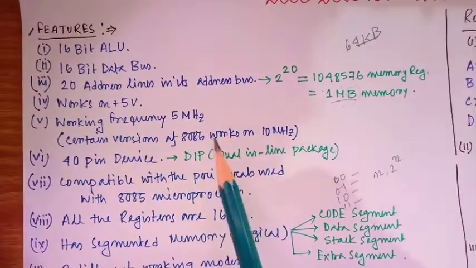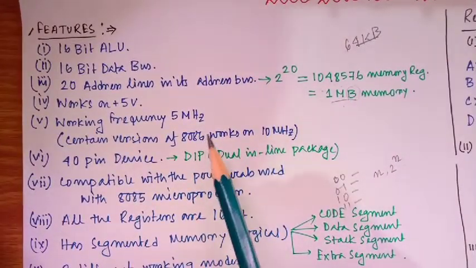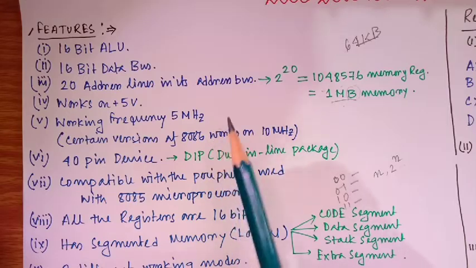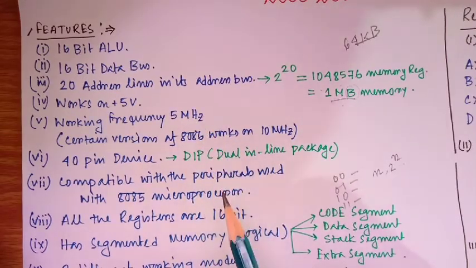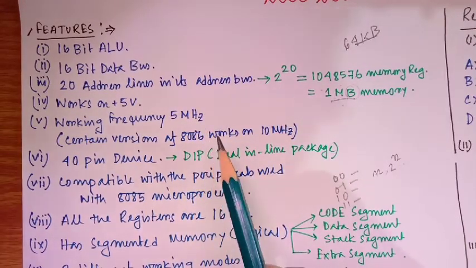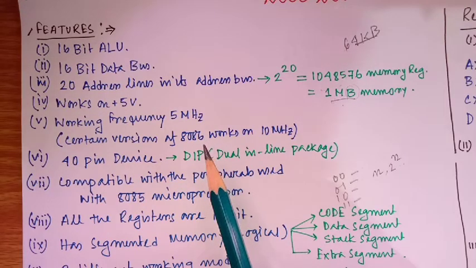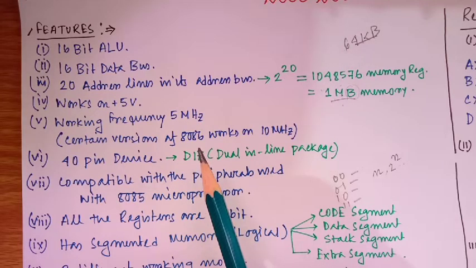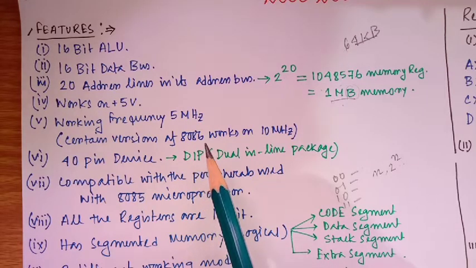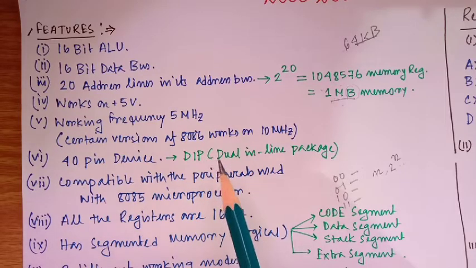Now, it works on a 5 volt DC power source, similar to 8085. The working frequency is around 5 megahertz. There are certain versions of 8086 available which work up to 10 megahertz. You should remember, in case of 8085, the working frequency was 3 to 5 megahertz.